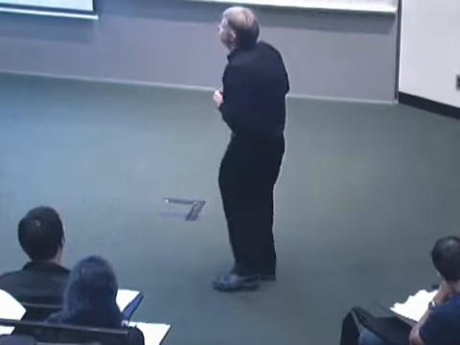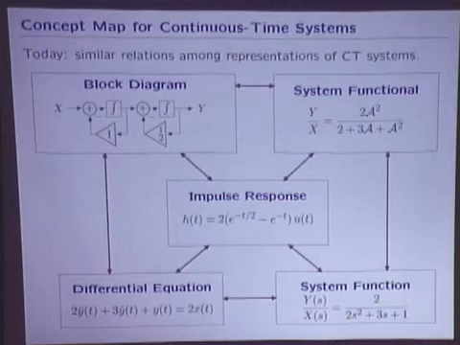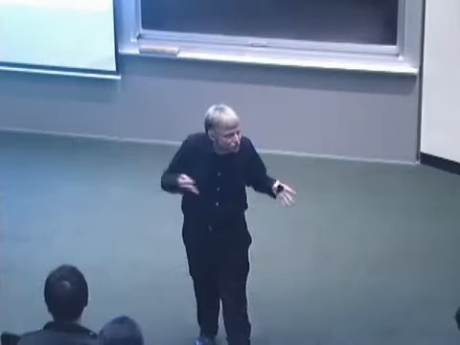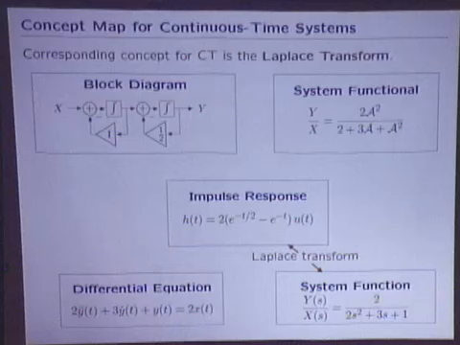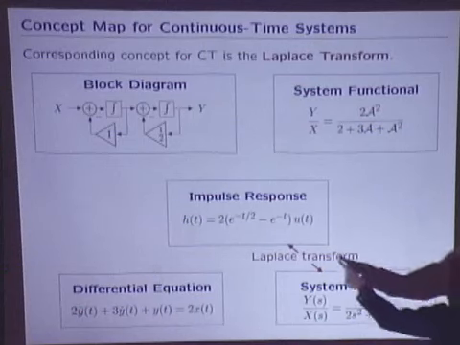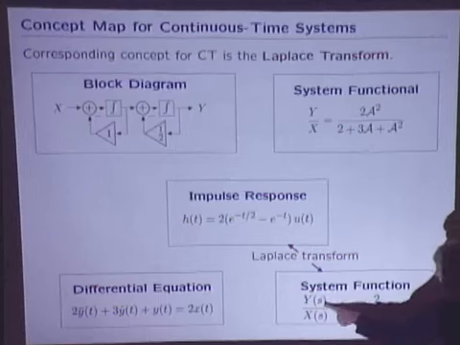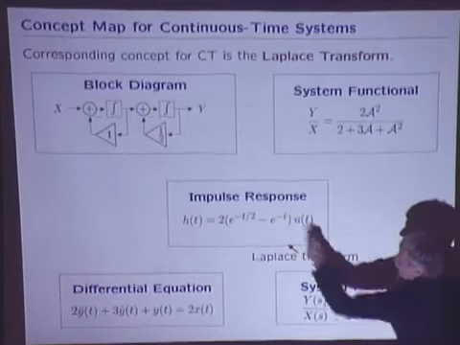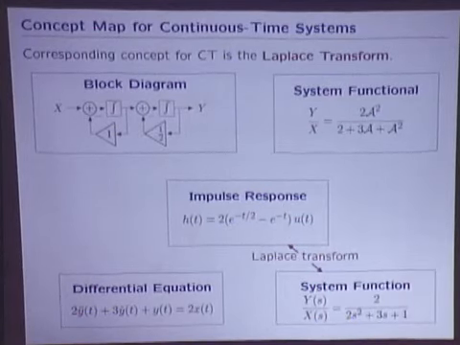What we're going to do today is precisely the same thing for CT. The boxes barely changed. You should see the relationship immediately between the former set of boxes and this set of boxes. And we'll do a very similar thing. We'll look at a relationship between the system function, which is a function of s, and the impulse response, which is a function of t.